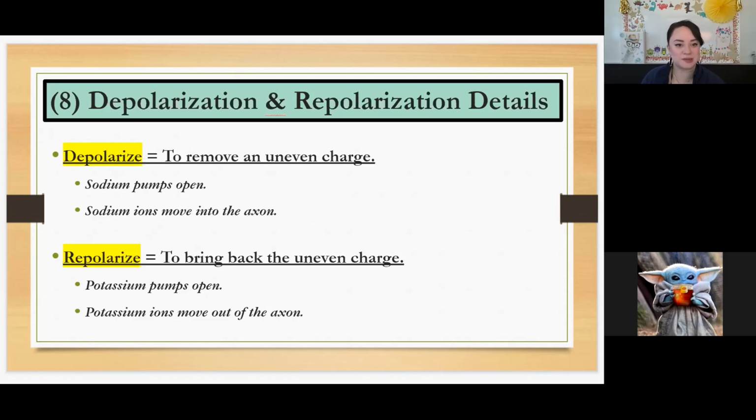So during depolarization, the sodium pumps open and the sodium ions move into the axon. When we repolarize something, we bring back that uneven charge or imbalance of charged particles. During repolarization, the potassium pumps open and the potassium ions move out of the axon.